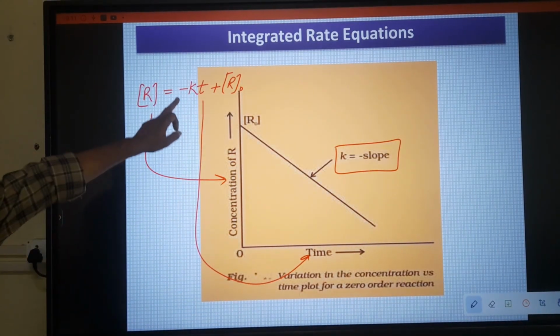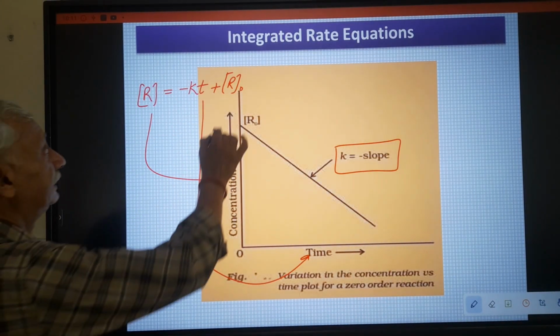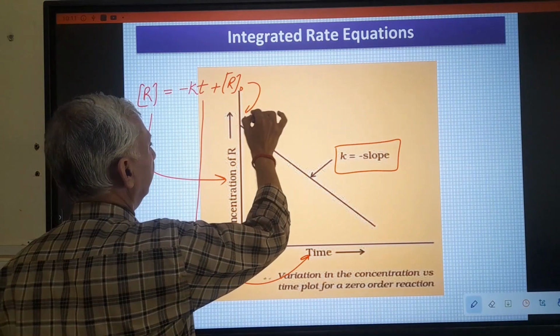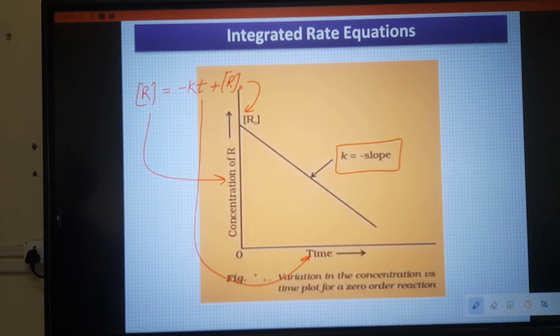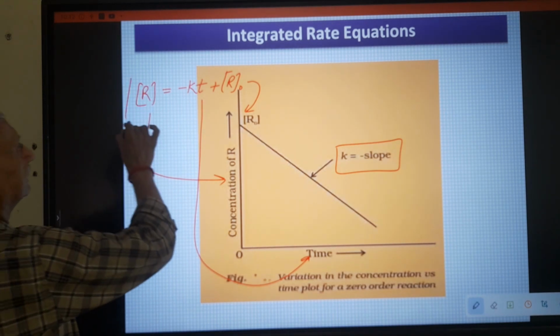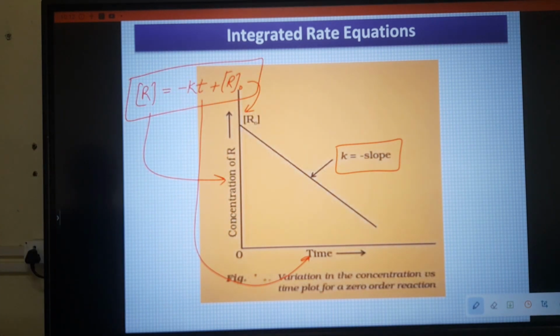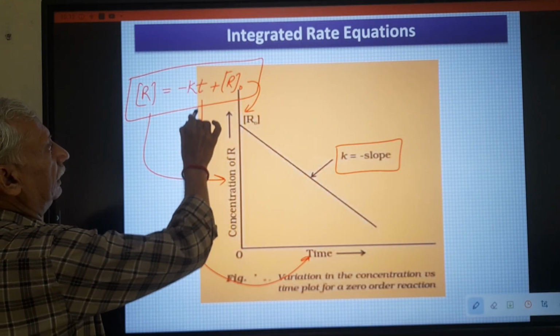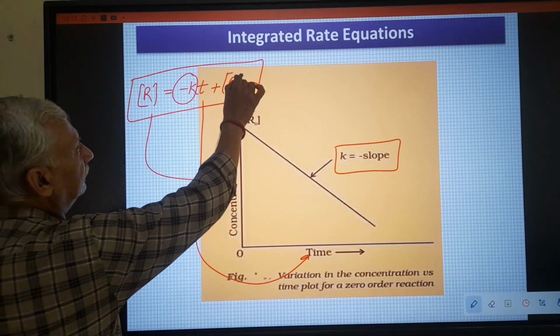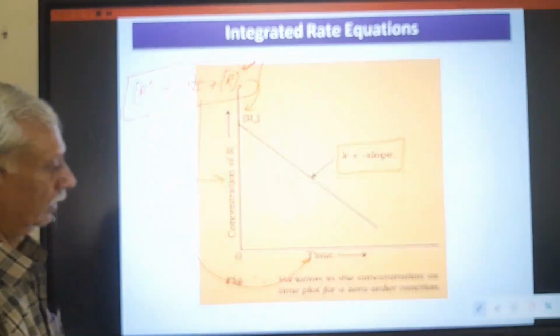Here the slope is equal to minus k, and this R naught is the intercept for this plot. So for a zero order reaction, this type of plot is obtained according to this equation. This is the molar concentration of reactant against time. This is the slope and this is the intercept of this plot.